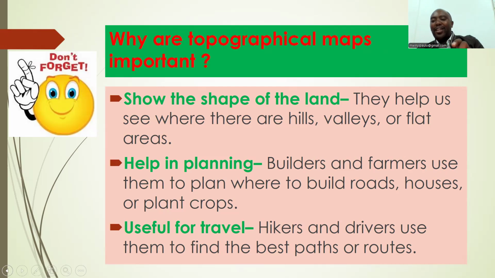So if, like now, for instance, I'm using my handset, my phone, I've gone to where I have the maps and I've searched for a certain place, like a place known as Juja, okay?